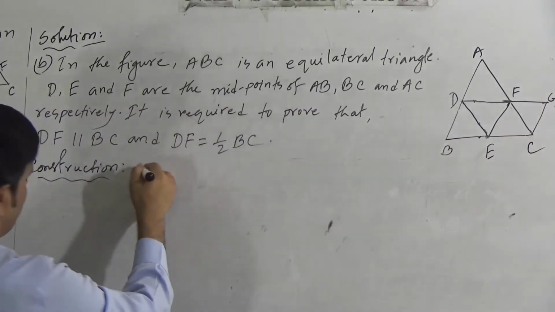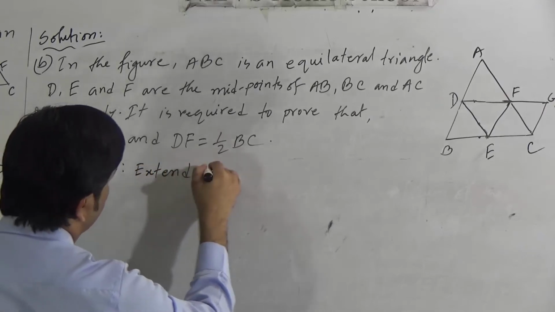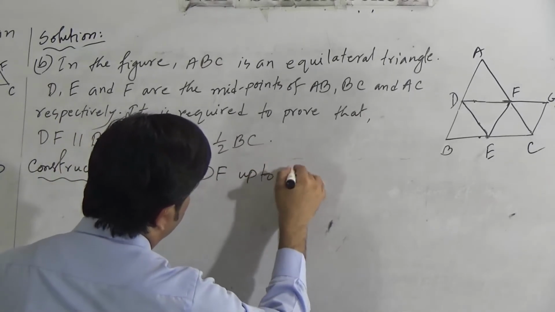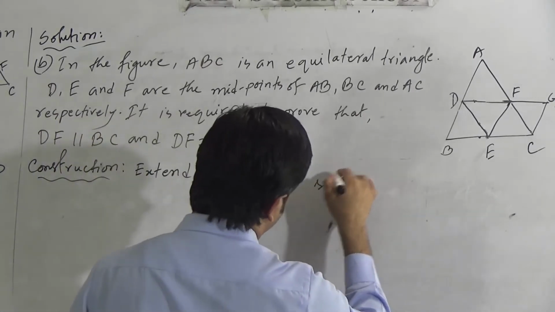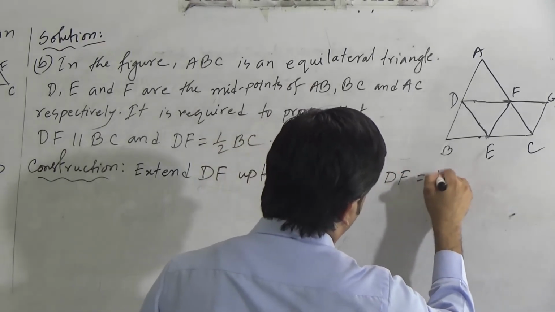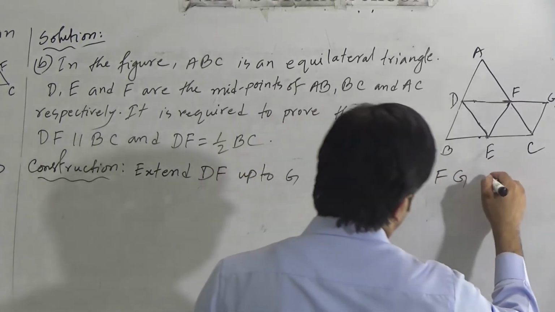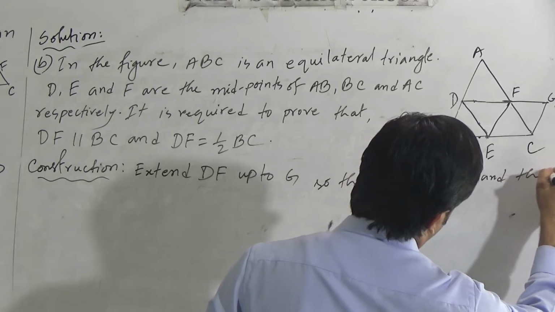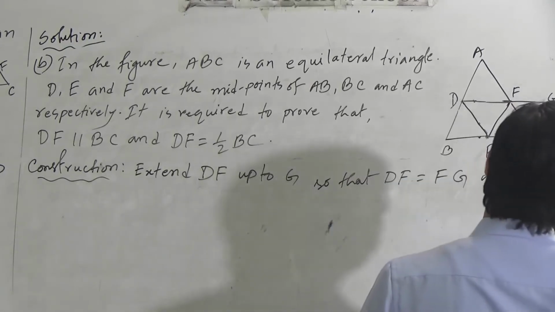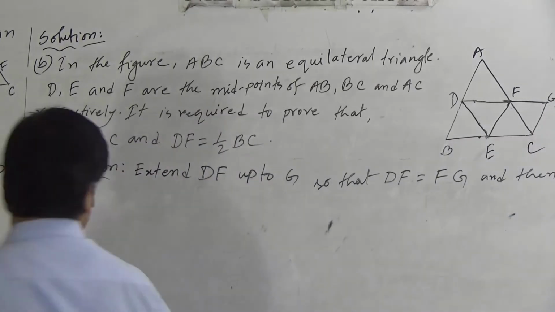So we can write here construction: extend DF up to G so that DF is equal to FG, and then join CG. So our construction is done.